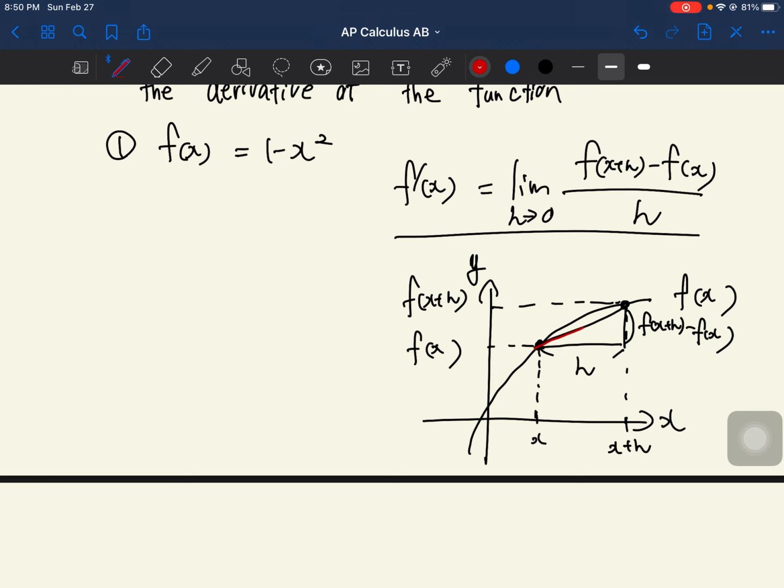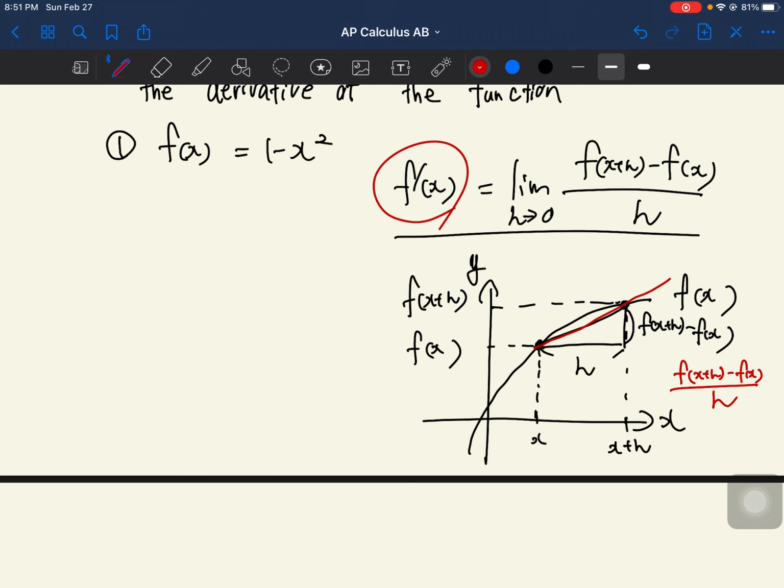So to find the slope of this linear line, you just divide those, which is f of x plus h negative f of x over h. That's how you find the slope of the line.